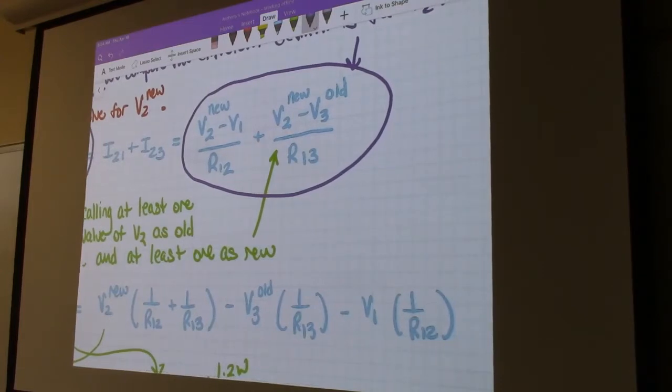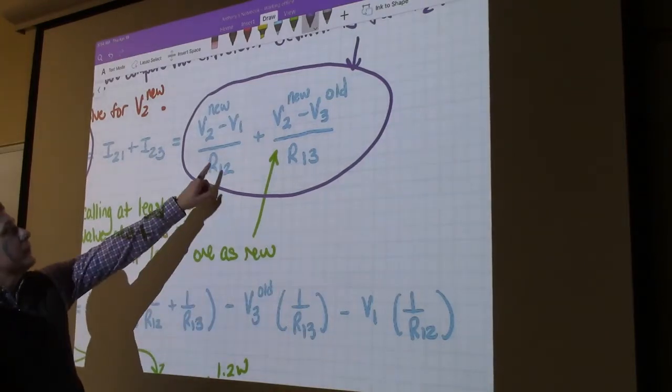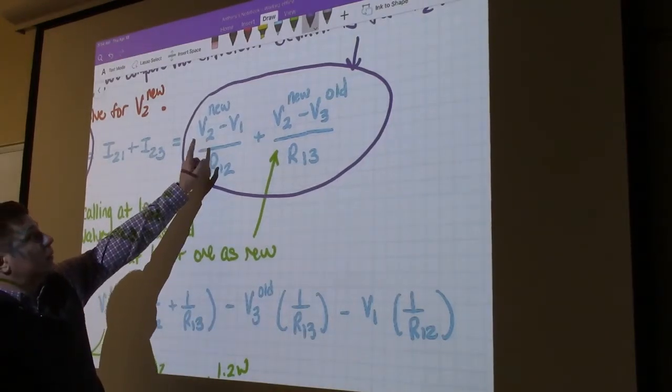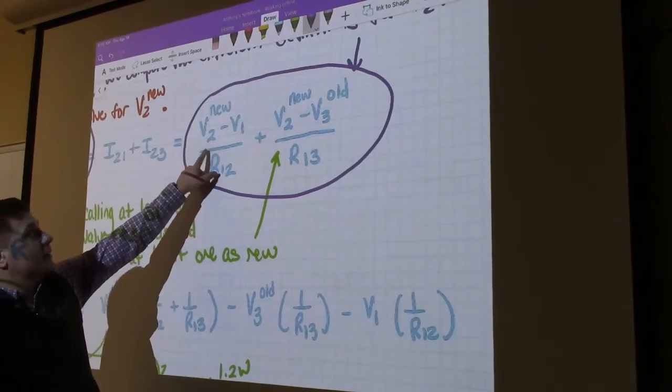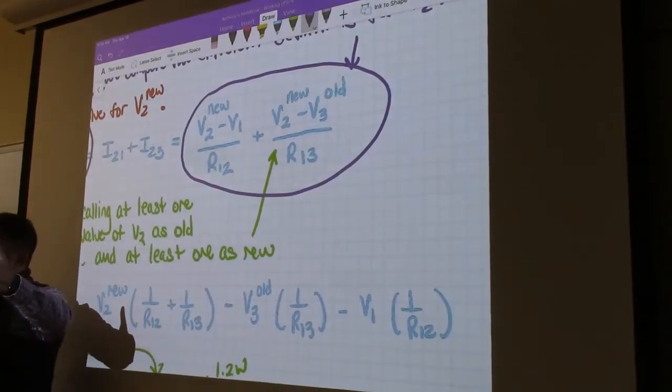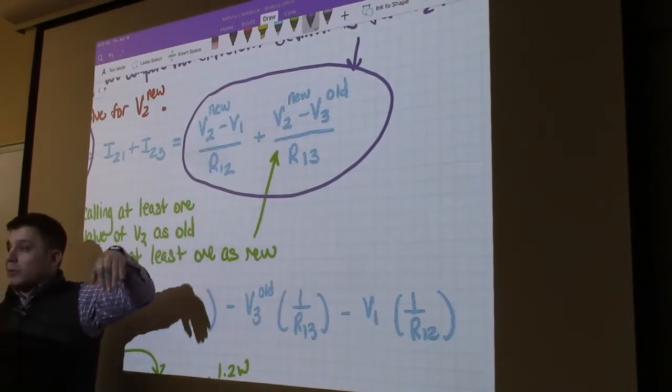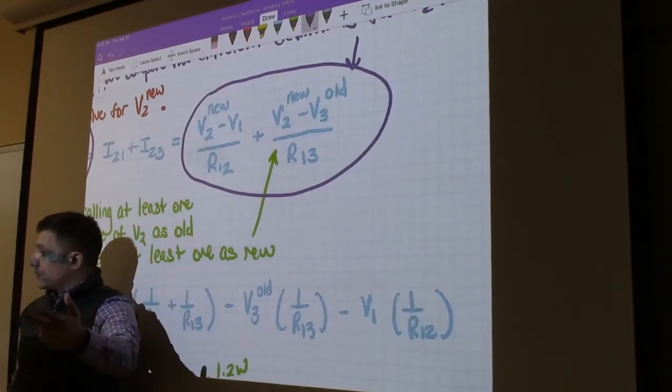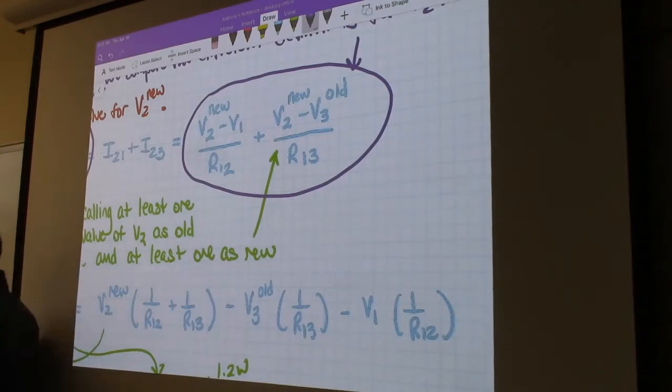I2 is equal to I21 plus I23. And so we have the sum of the voltages and the admittances, right? Because 1 over R12 is the same as the admittance between buses 1 and 2. 1 over R13 is the same as the admittance between buses 1 and 3.